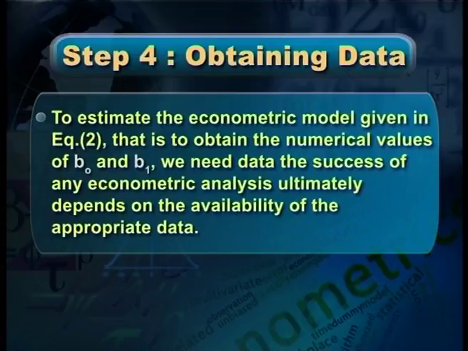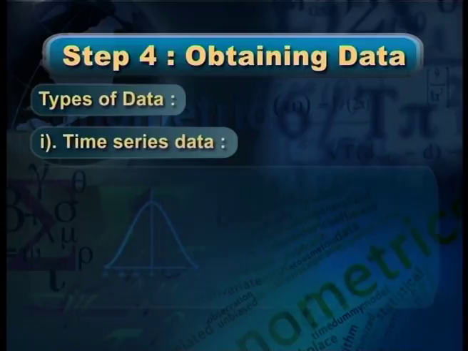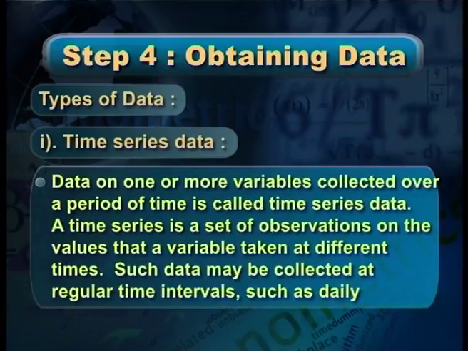To know the influence of these variables, we have to take the appropriate data. Here are the types of data. One is time series data. Data on one or more variables collected over a period of time is called time series data.